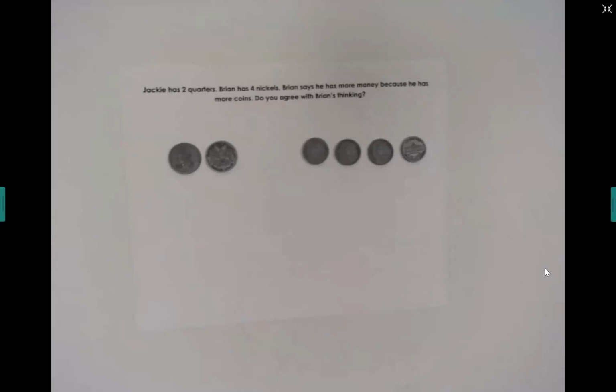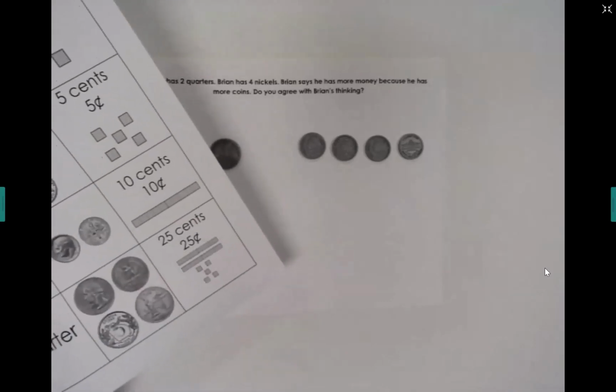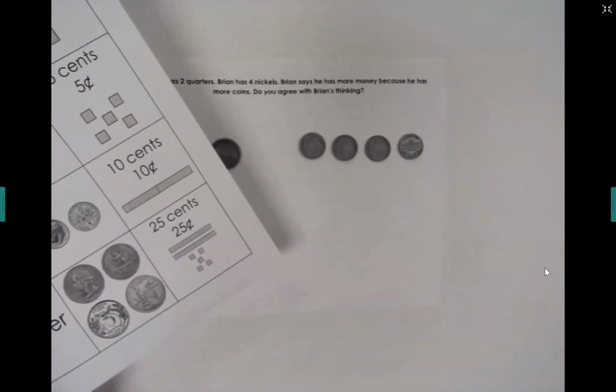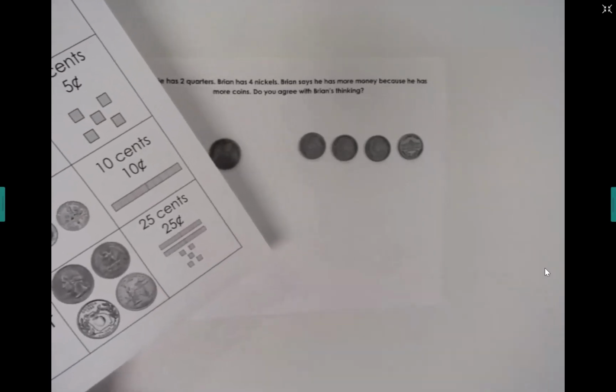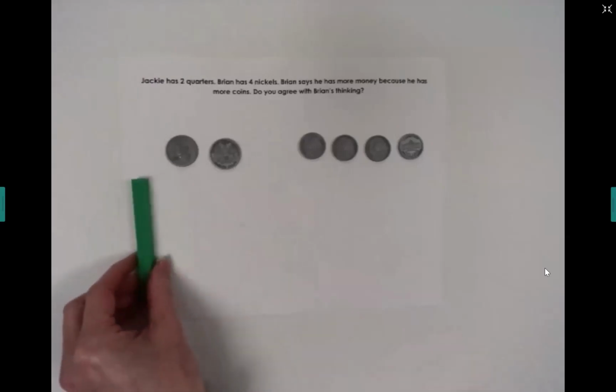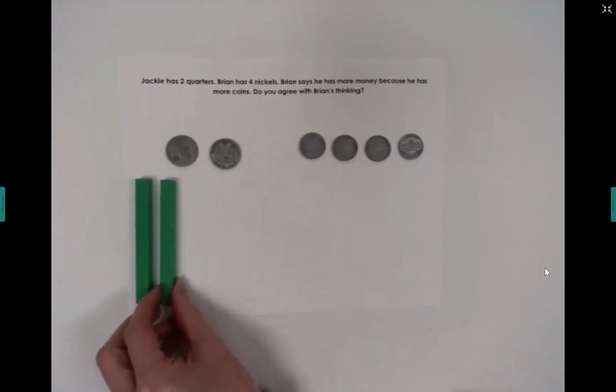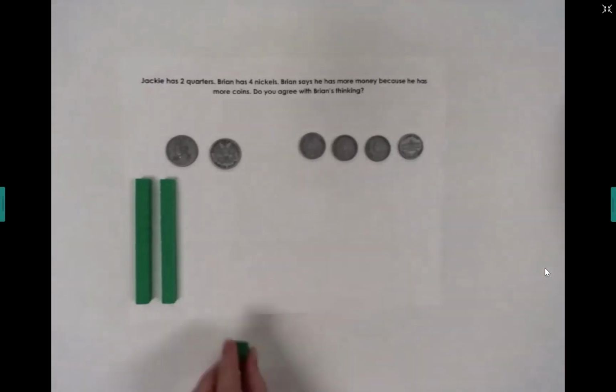But in order to find the value of these sets of coins now, I'm going to model with base 10 blocks. So I know a quarter has a value of 25 cents. So I can model that with my base 10 blocks, right? We can refer back to our anchor chart. If we need to, students can reference this to remember, oh yes, a quarter is worth 25 cents. And I can model the value 25 with 2 tens and 5 ones.